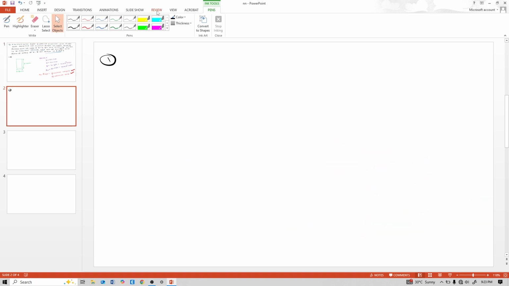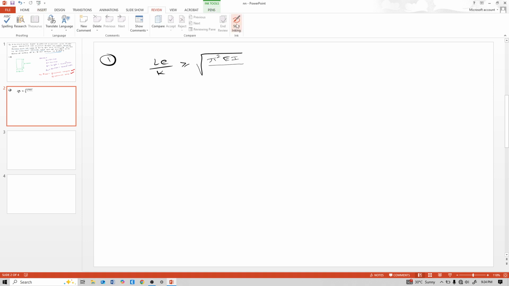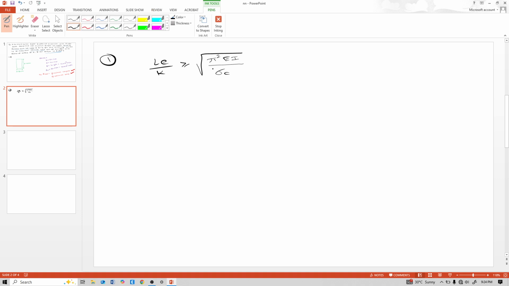Our problem statement is minimum length, and we know that for that minimum length, LE upon K is greater than or equal to pi square E upon sigma C. Okay, the earlier expression was wrong. It is pi square E upon sigma C only, because the PCR formula is pi square EI upon LE square, and remember that this is different.